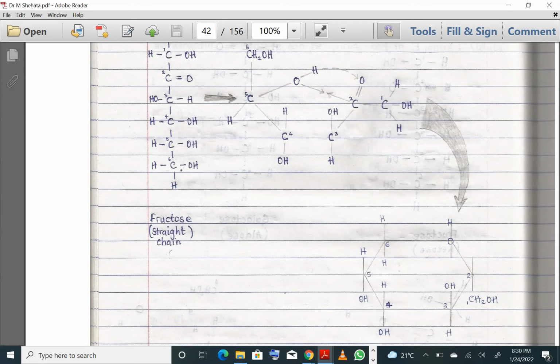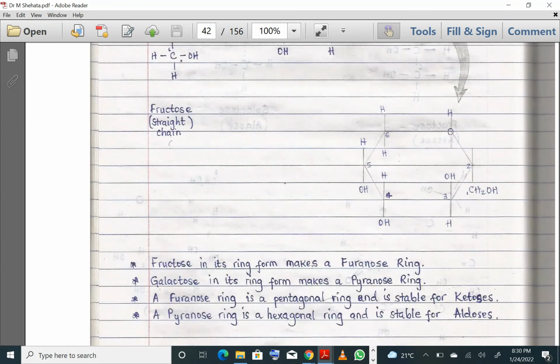When you look at the structure, 6 sides. So you see that fructose has formed the pyranose ring, but the pyranose ring of fructose is not as stable as for glucose and galactose. That's why fructose usually will go to the more stable ring for it, which is the furanose ring.